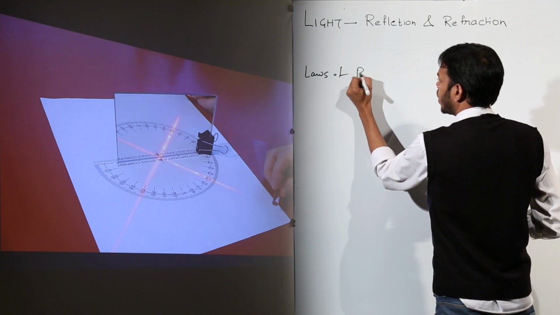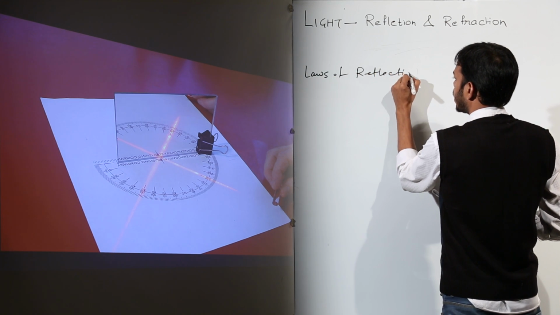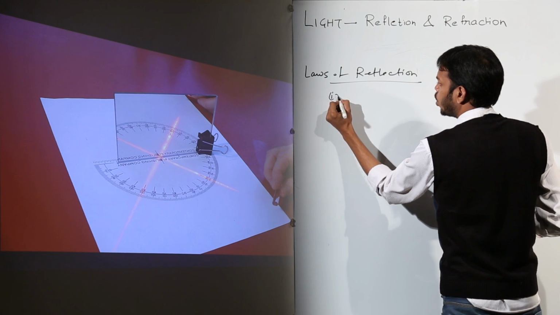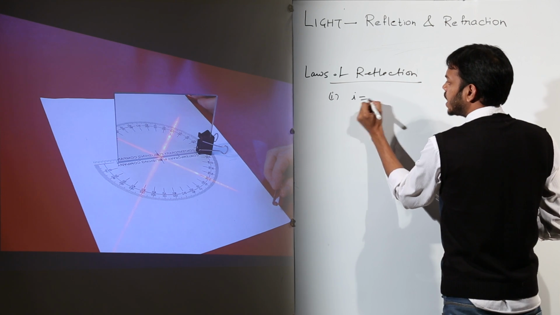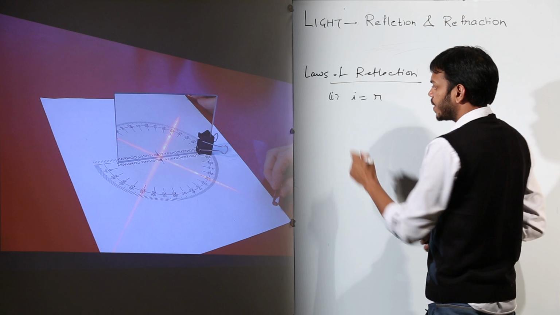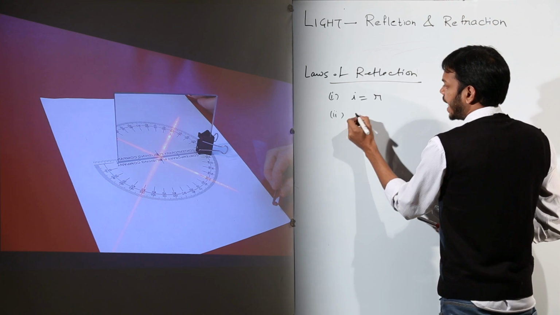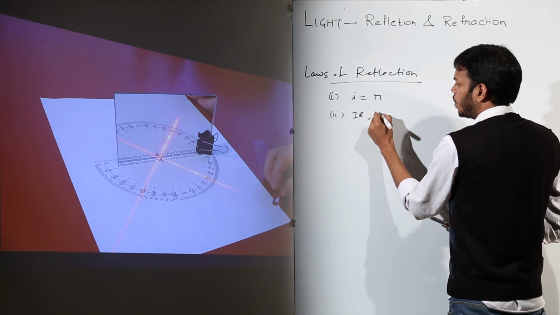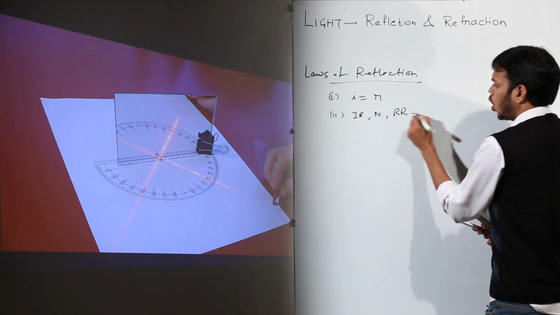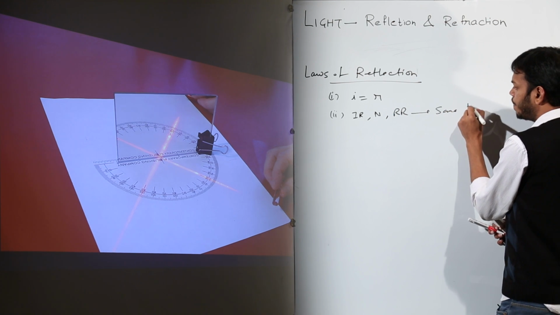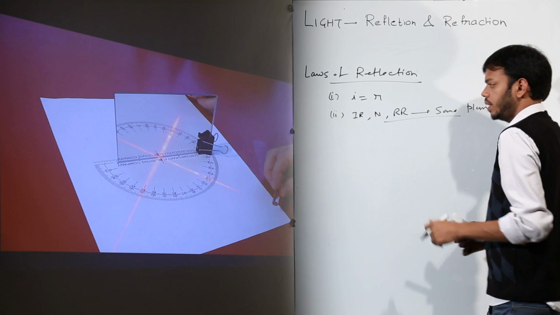The first and most important was, angle of incidence is equal to angle of reflection. And the second thing was that the incident ray, normal and reflected ray all lie in the same plane. They won't lie in different planes.